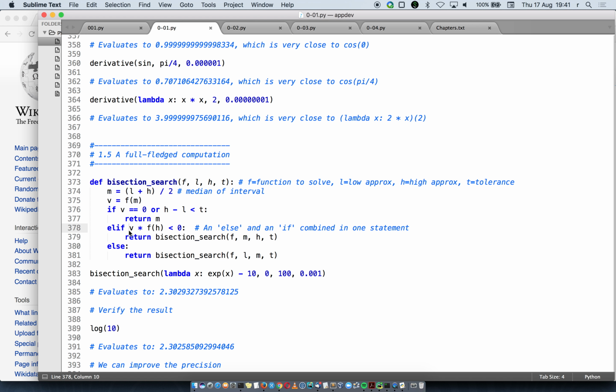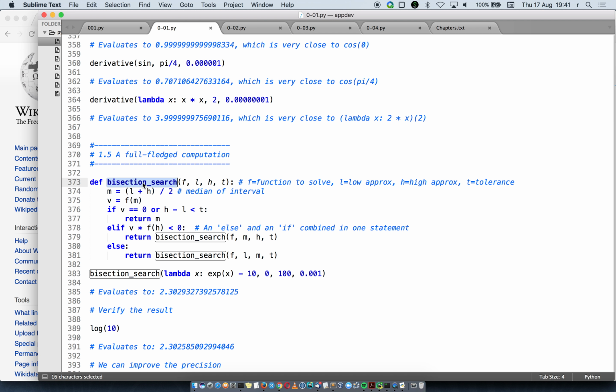Otherwise, if v and the function value at the high limit have opposite signs, it means that the root should be between median and high, right? So now we have a completely new problem. We're not different from where we started. We just have a new problem, just that the low limit is m and the high limit is h, right? So we take advantage of recursion. What does this function do?